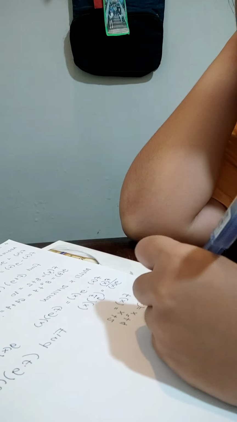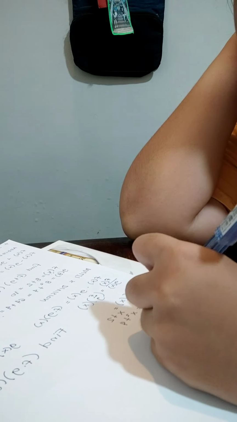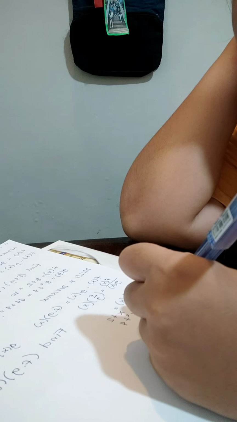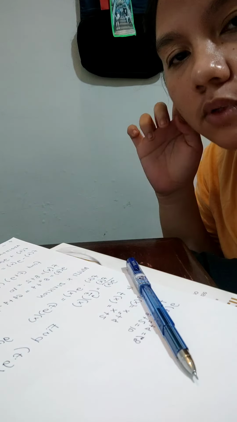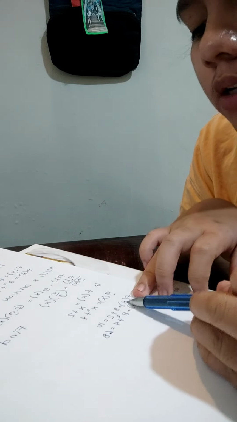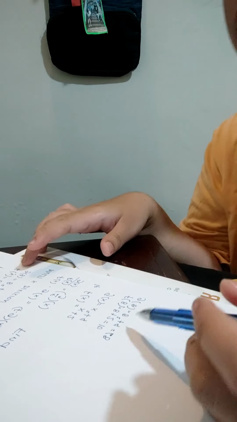So, substituting into the f function, 8 plus 2 equals 10. And then the g is the same as before. The same conditions and rules apply as in addition and subtraction.